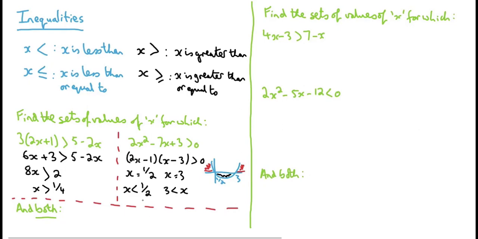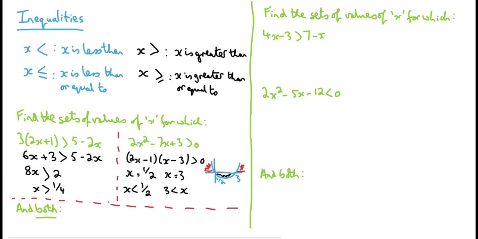Okay. Then once we have this, we can now say, well, for which values of x would both of these be true? Well, because we know from the left-hand one that x has to be greater than a quarter, and from the right-hand one, x either has to be less than a half or greater than 3.